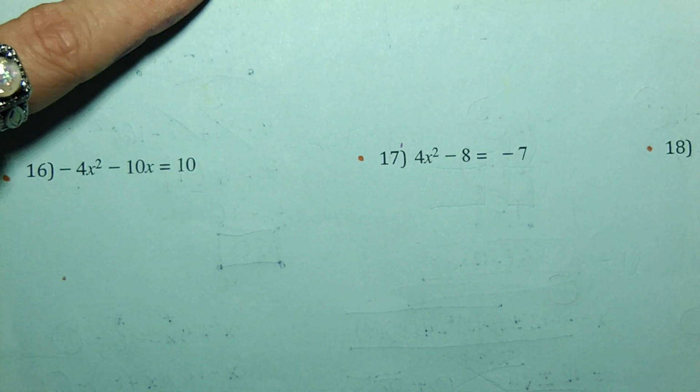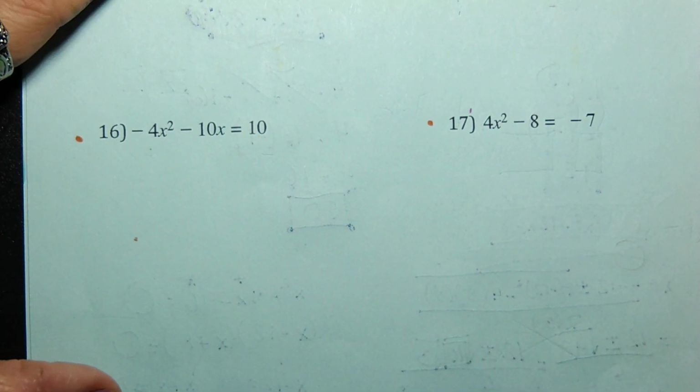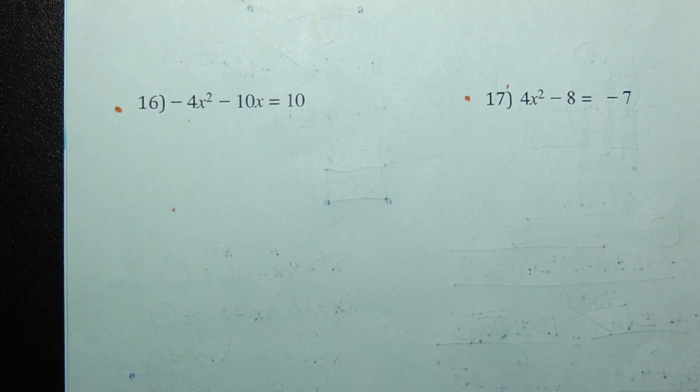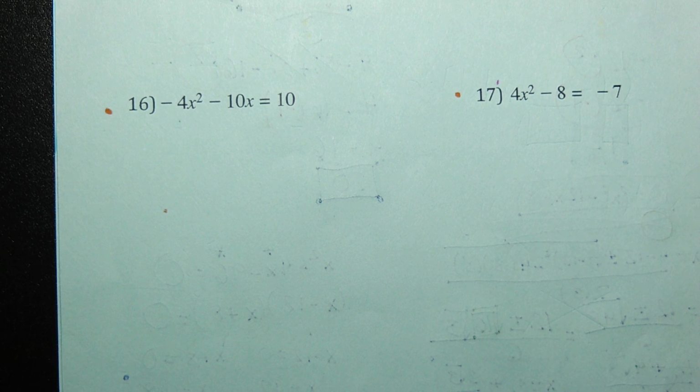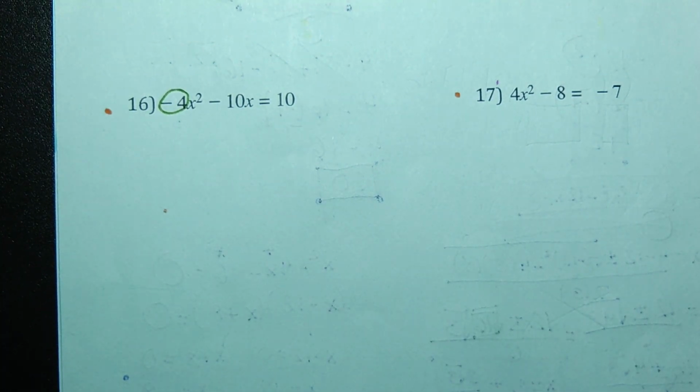And we're going to do the bottom 3 problems. So 16, 17, and 18. Now on 16, what should we do first with this problem? Put it in standard form. Now take note that my A value is negative. It's not a big deal for the quadratic formula, but it is a big deal for factoring.